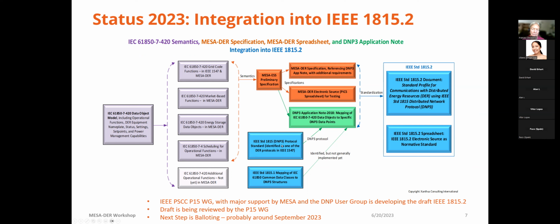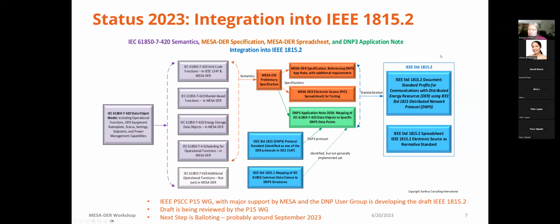Then we also took the DNP3 protocol and applied it, and we came up with a MESA-DER specification, an electronic spreadsheet for testing, and I'll get into that a little bit more later, as well as the DNP3 app note, which really picked up on the details of DNP3, as well as the data objects that we were defining from 61850.